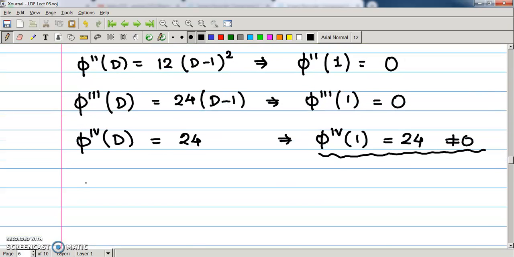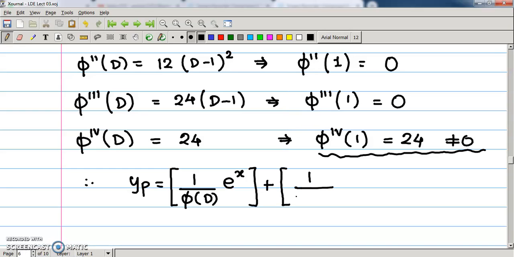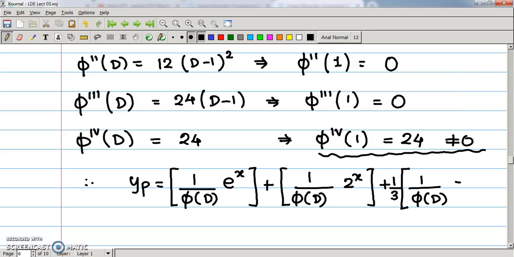Therefore, the required particular integral will be: for the first term, we operate the auxiliary equation on e^x. Then we operate our auxiliary equation phi(D) on 2^x. Now for the third term, 1/3 is constant, we operate the auxiliary equation on e^(0x).